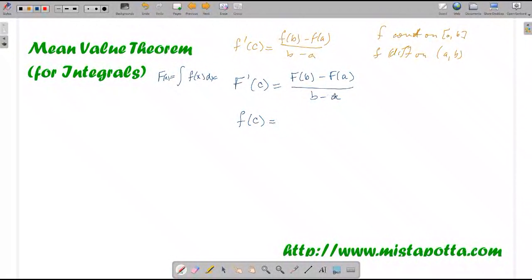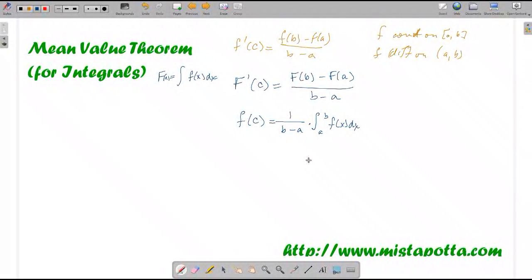And this is 1 over b minus a times big F of b minus big F of a. That is the integral from a to b of f of x dx.